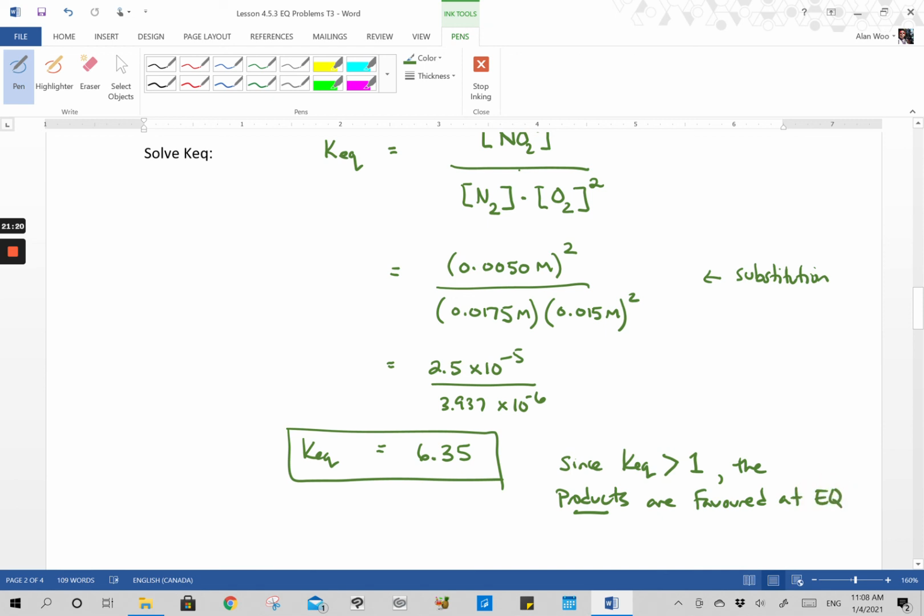Okay. Which basically means that at equilibrium, you're expecting there to be more products than reactants, okay, at equilibrium. So that is the answer for our type 3.